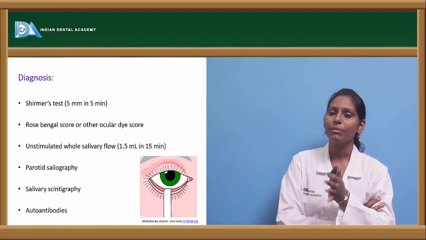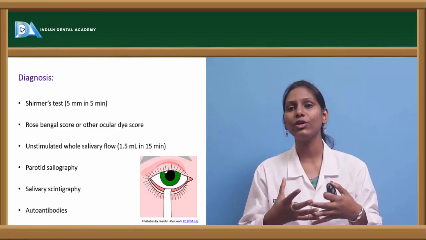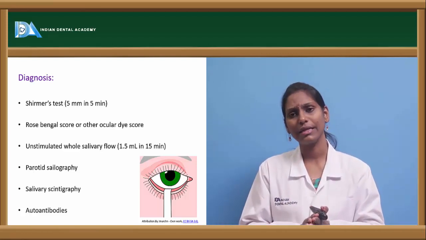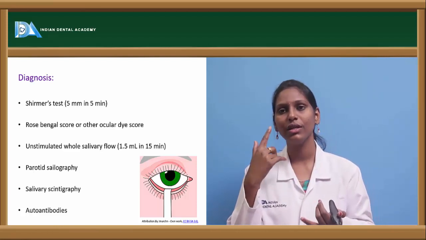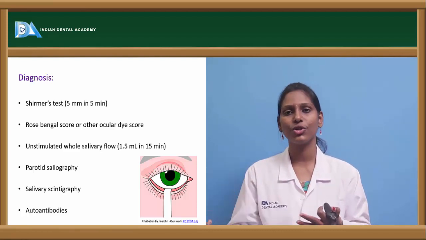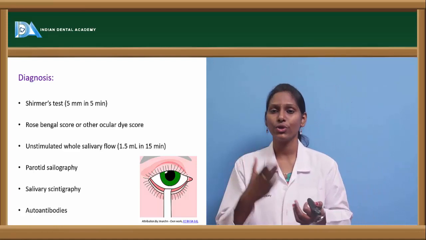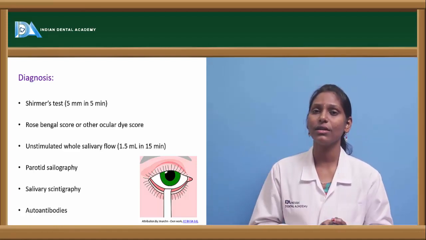When you're talking about diagnosis, how do we diagnose? Because it is a syndrome, it has a triad, it has multiple conditions associated with it. So clinically, one patient should have decreased lacrimation, decreased salivation, and if you're talking about secondary Sjogren's, you should also have associated rheumatic conditions. So, how do we check for hypolacrimation or decreased tearing?